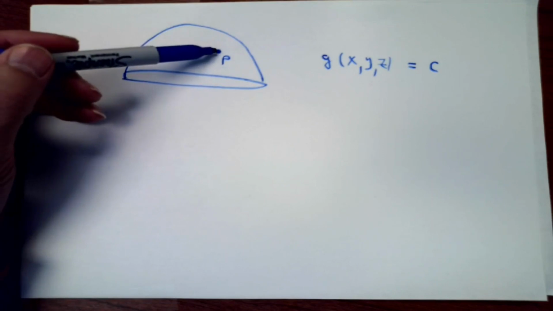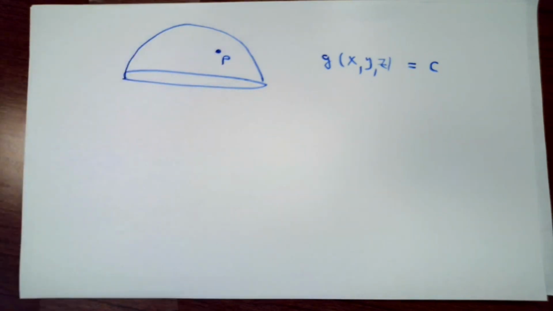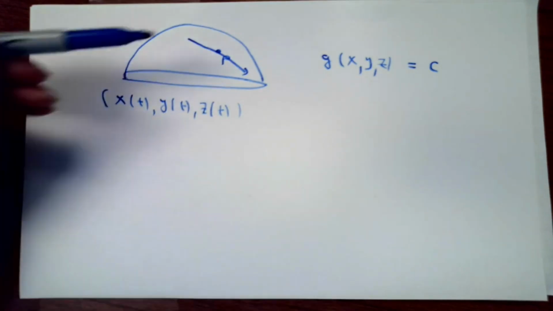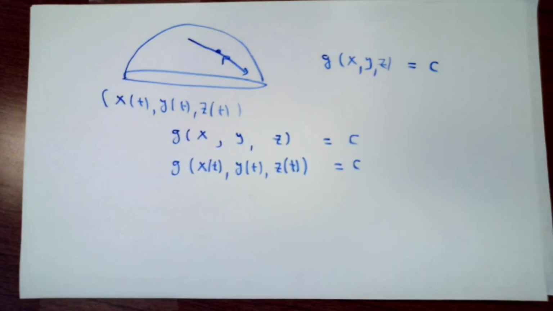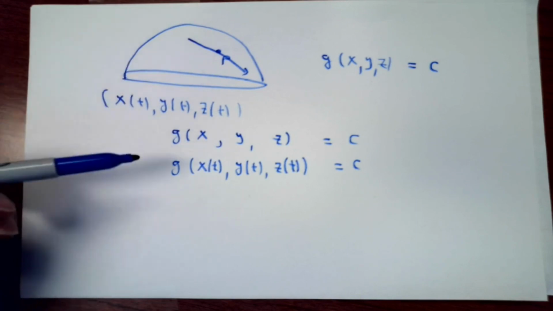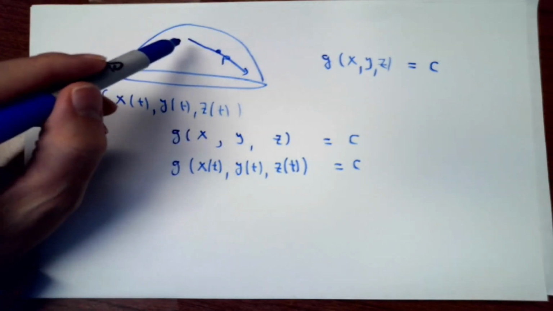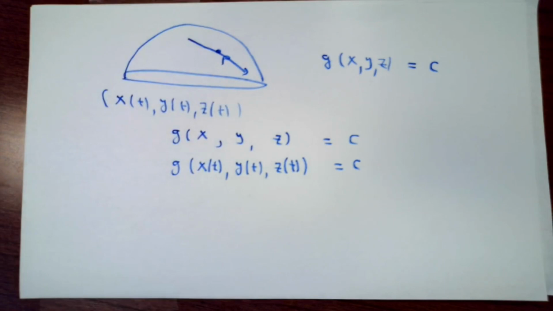I'm going to imagine I have a point P on this surface, and what I'm going to do is take my pen and draw a pathway that lies completely within the surface that passes through point P. The points on that pathway are given as x of t, y of t, z of t, and at some particular t value, we are located at point P. At any point of the surface, g of x, y, and z is this constant c, so in particular, this is true for points that lie on this path that I've drawn on the surface.